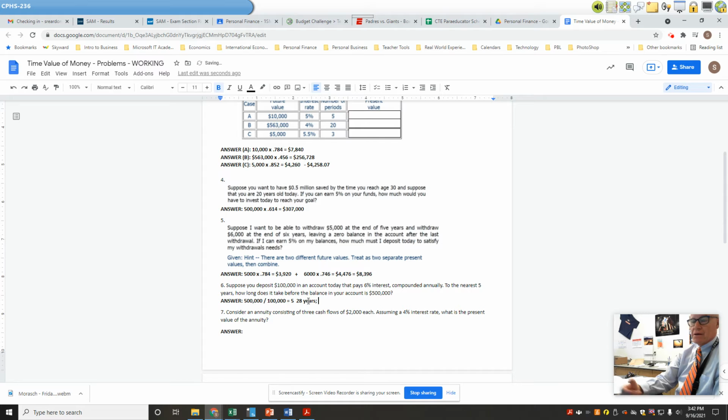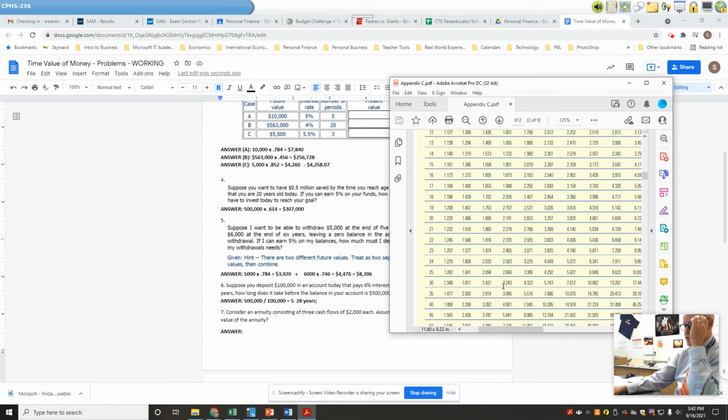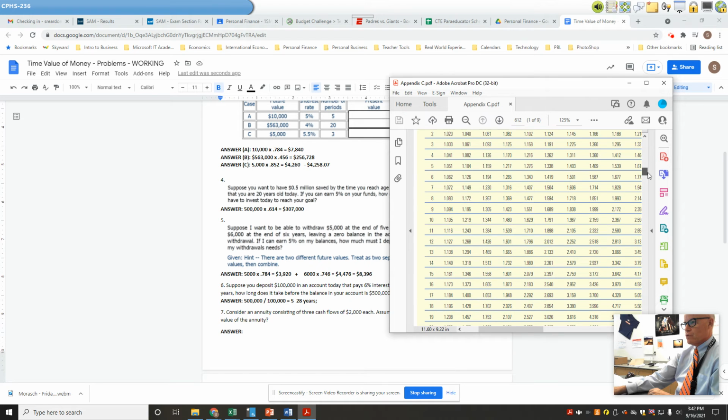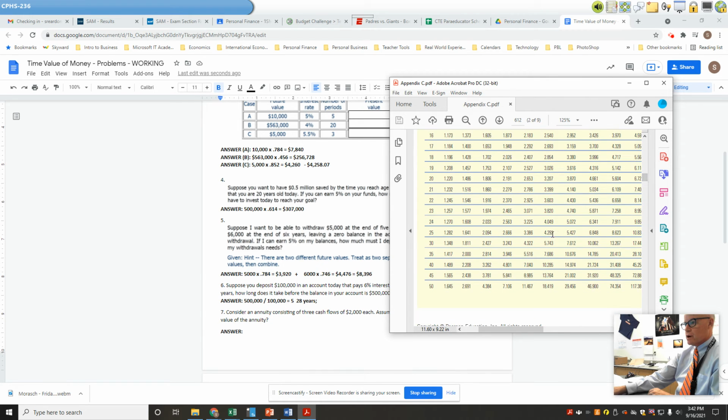And I would say 25 or 30 because, man, that factor of 5, it's right between that. Hold on a second here. Future value of 1, 6%. I was in the wrong column. It's right between 4.92 at 25 years and 5.743 at 30 years.